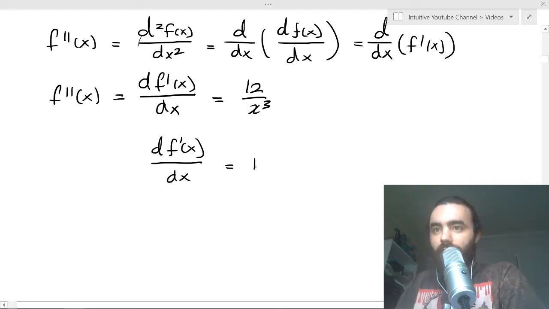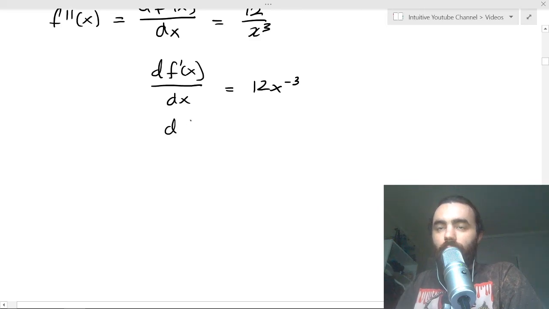So we can bring this up, so we can integrate it. We get that d f prime of x equals, we take the dx over, 12x to the negative 3 dx, and we integrate both sides.